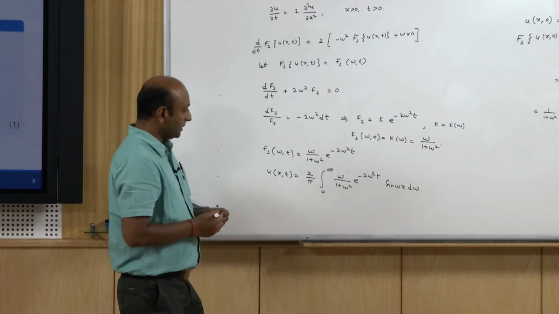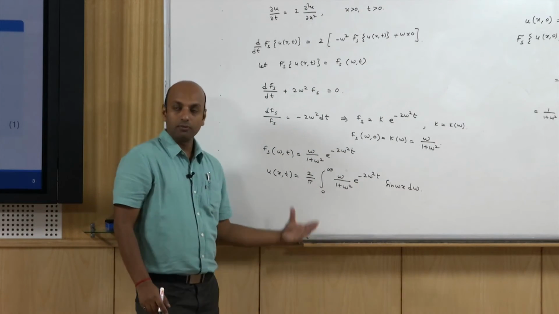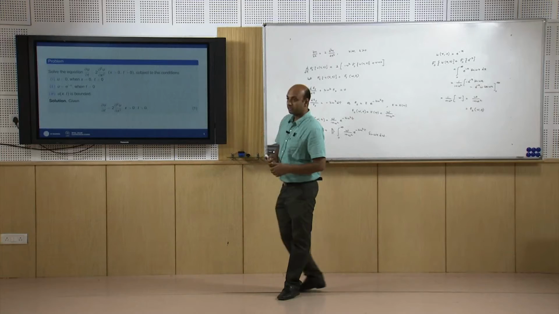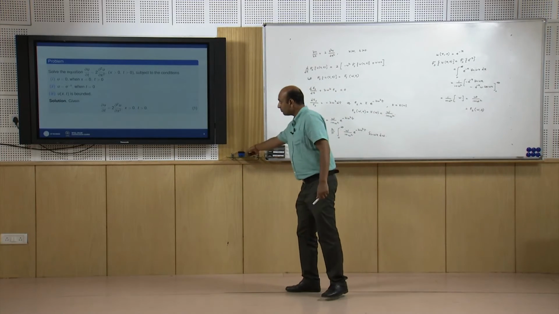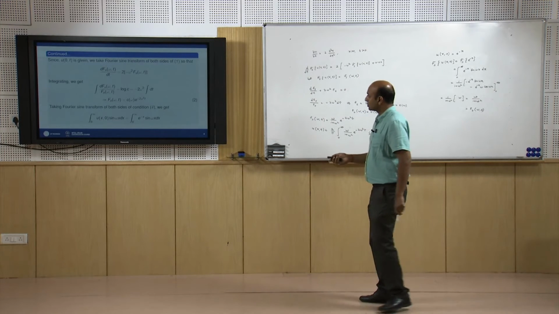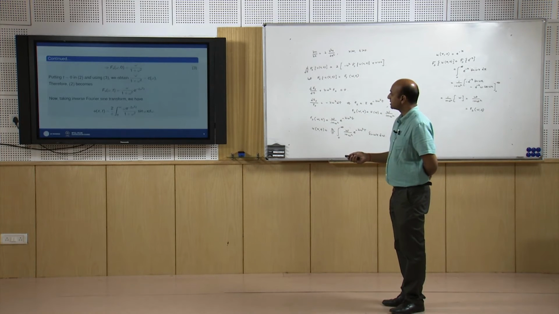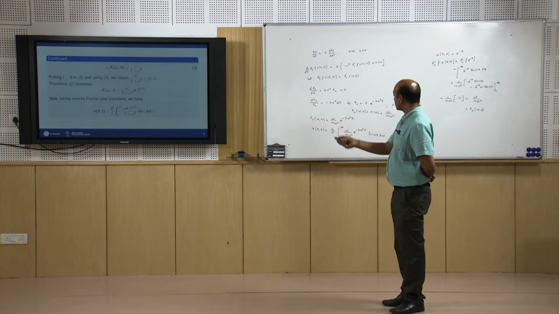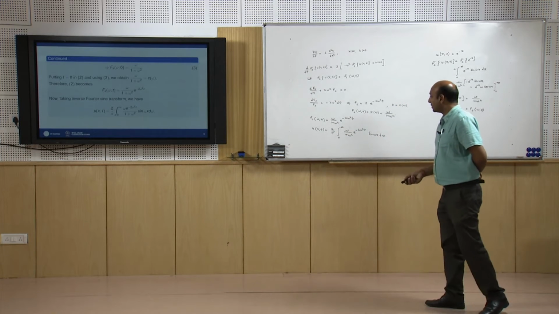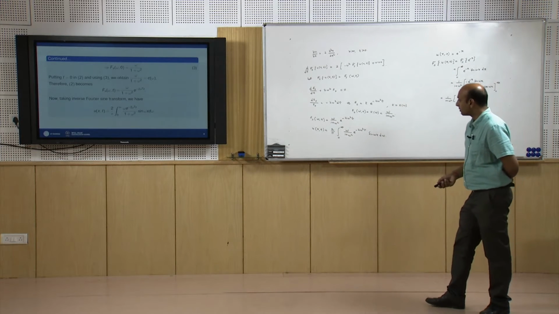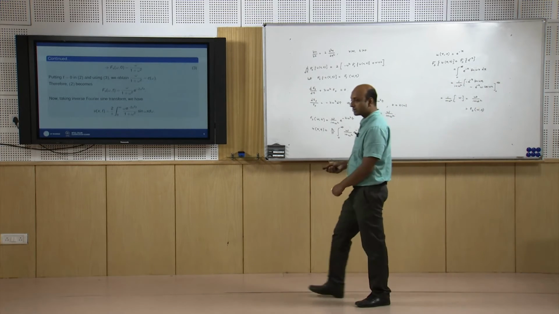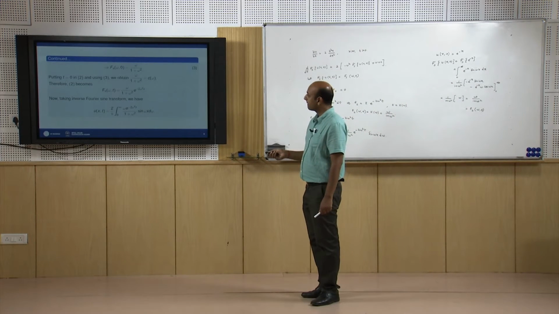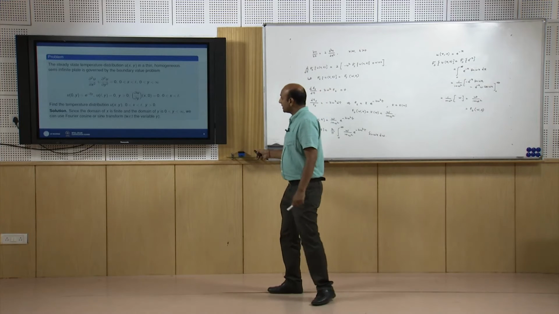So, this will be the final solution of this problem. Okay. So, here is the solution, the same solution I have discussed here: 2 upon pi, the integral from 0 to infinity of omega upon 1 plus omega square e to the power minus 2 omega square t sin omega x d omega. Okay. Now, the next problem.